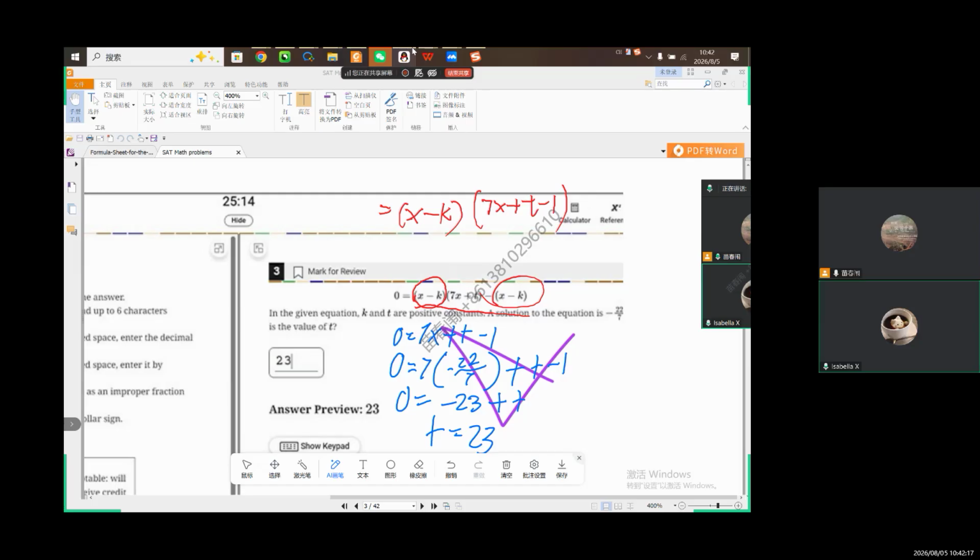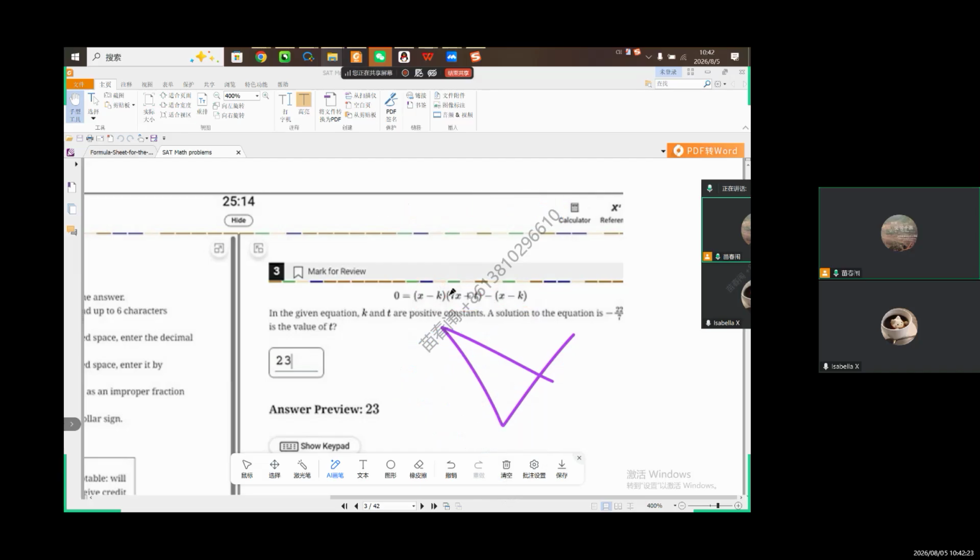This is the type of question where the College Board wants to make it messy. It's not very obvious, and you can't really make a pattern out of this. Does that make sense? The first thing is to simplify, or for other questions you just have to expand it. Sorry, I was kind of being stupid.